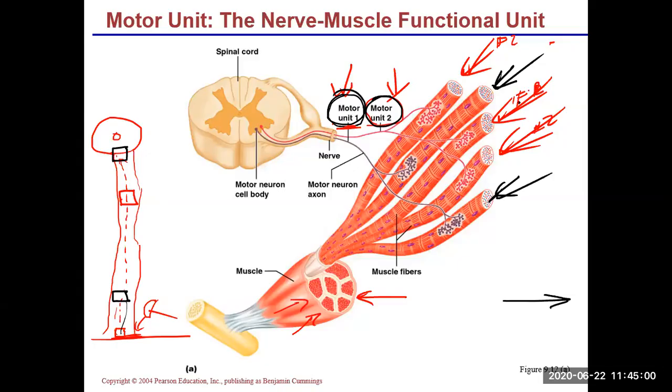So these are all number 2. What does it mean by number 2? It just means it has more muscle fibers. You could see that now, right? These nerves are controlling more muscles. Versus motor unit number 1, you notice that it's the black one in this case, or I don't know, darker blue.